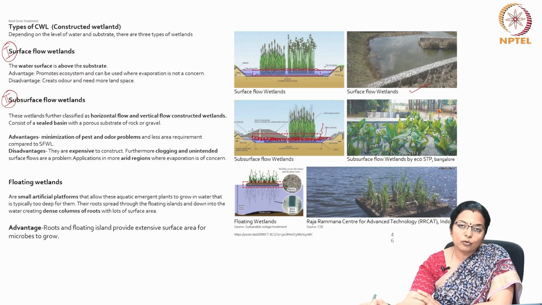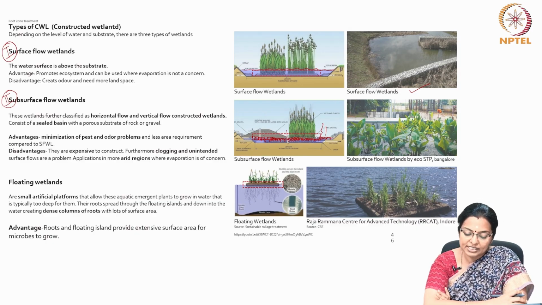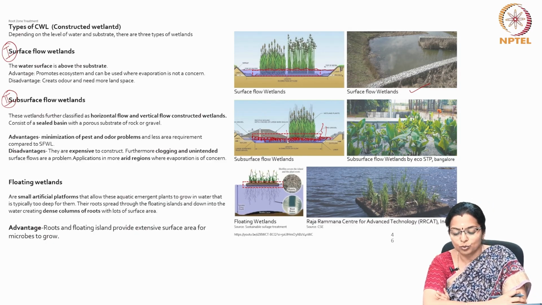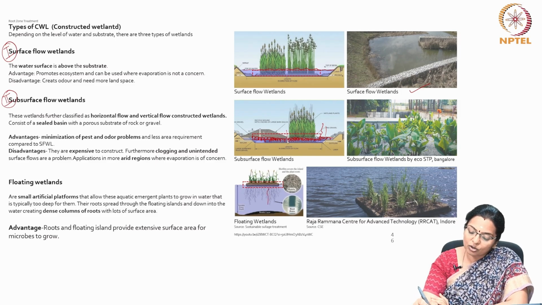The third is floating wetlands. Floating wetlands are small artificial platforms that allow these aquatic emergent plants to grow in water that is typically too deep for them. Their roots spread out through the floating islands and down into the water, creating dense columns of roots which have lot of surface area.